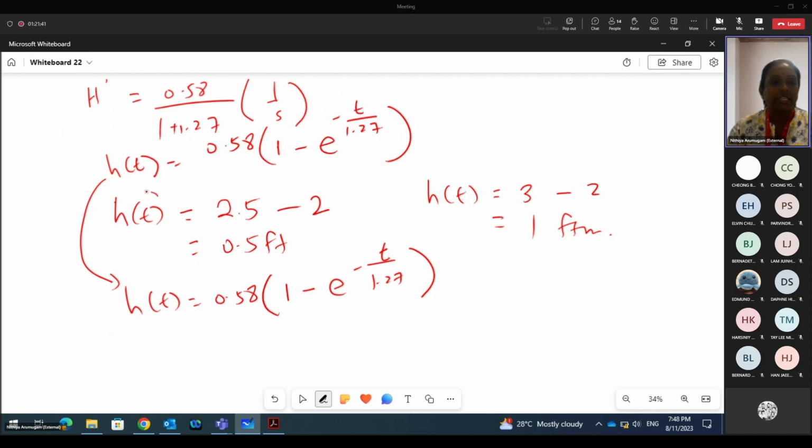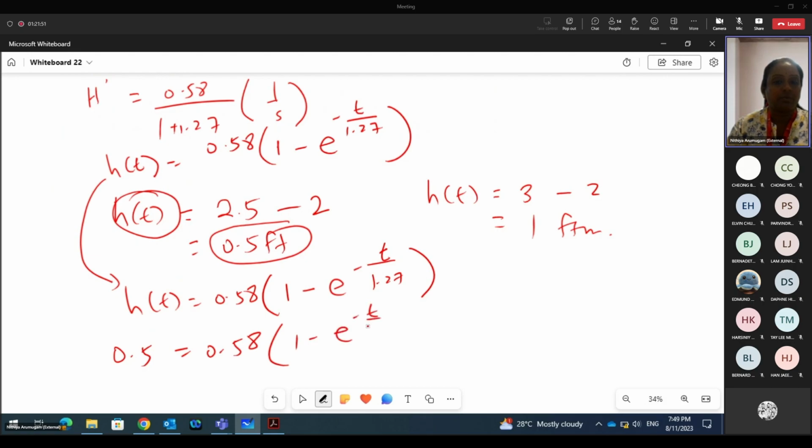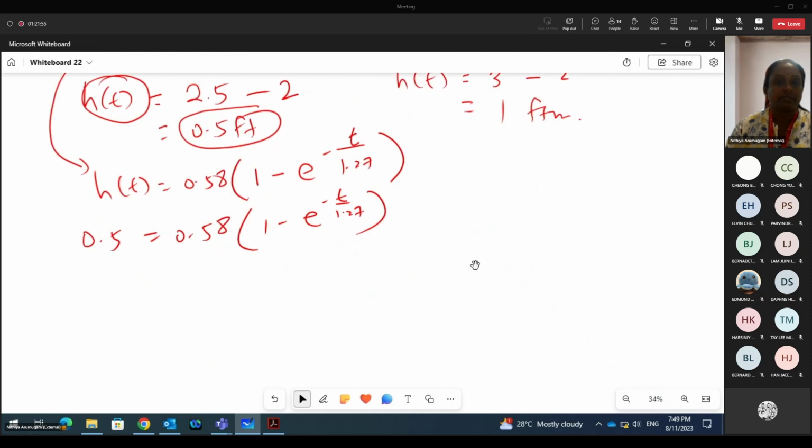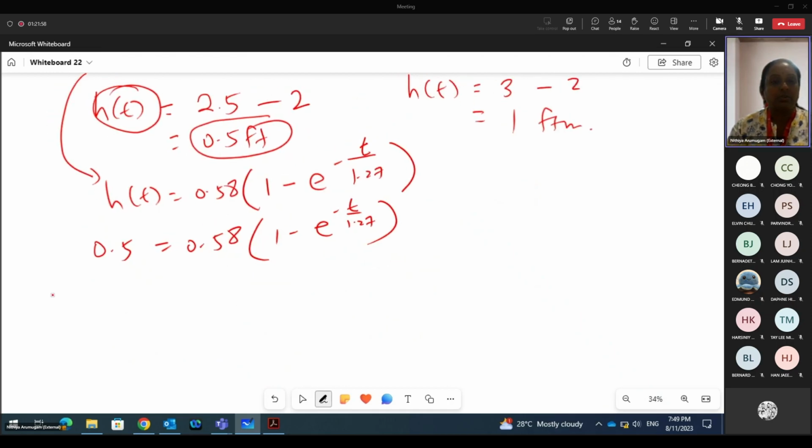In this case, h(t) for the first case is 0.5. So 0.5 equals 0.58 times 1 minus e to the negative t over 1.27. Rearranging the equation, I'll be getting t as 2.52 minutes. This is for 2.5 feet.